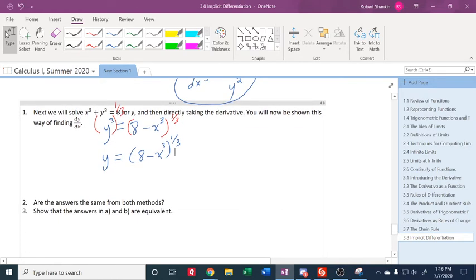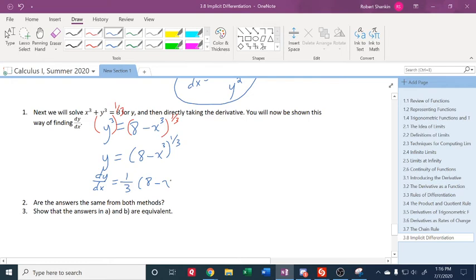Okay. So now, I'm going to do dy/dx. And I use the chain rule. 1/3 times 8 minus x cubed to the negative 2/3 power, then take the derivative of the inner function.